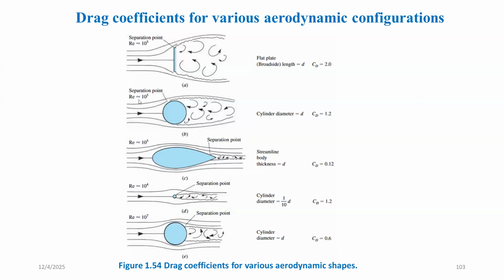For these two cylinders, the Reynolds numbers are 10 to the power of 5 and 10 to the power of 4, nearly the same. But this one has a higher Reynolds number, and the flow itself is turbulent, so under that condition the drag is 0.6. Anyway, the drag value is very small for slender or streamlined shapes. That 0.12 is the smallest drag, which you can observe from here.